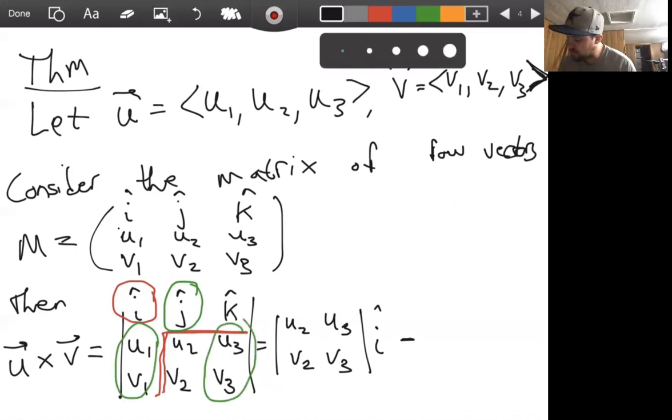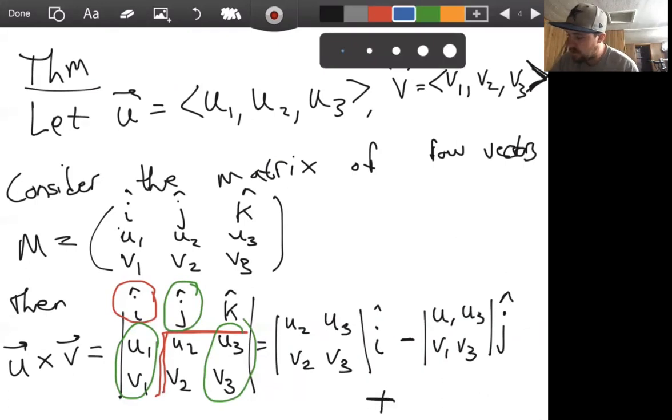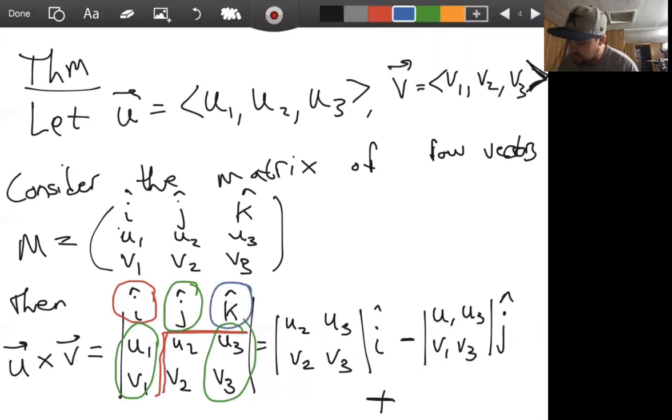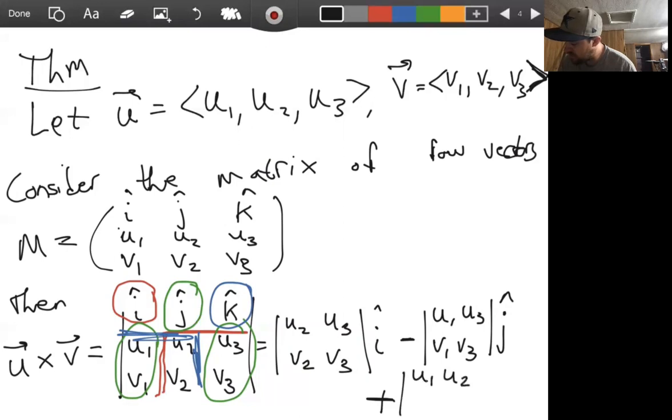So this is going to be times the determinant of U1, U3, V1, V3, J hat, and then plus, sorry, I have to write it down here, the term involving K hat, which looks like it's going to be the determinant of U1, U2, V1, V2, K hat.